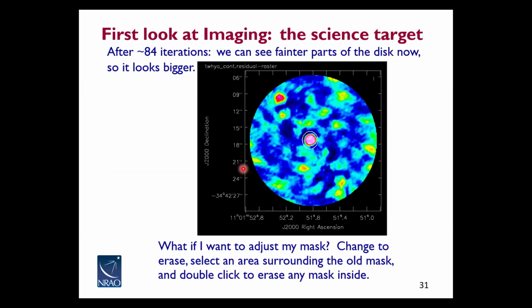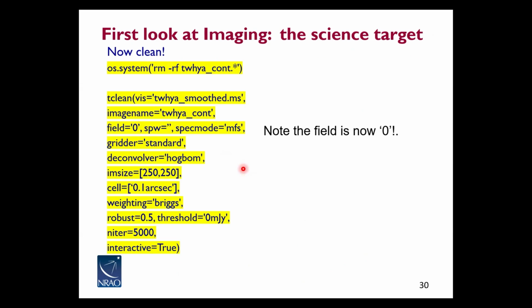So we can do this again, do tclean again to see how it looks after cleaning our science targets. So does non-interactive tclean with an iteration of 500 work for you guys?